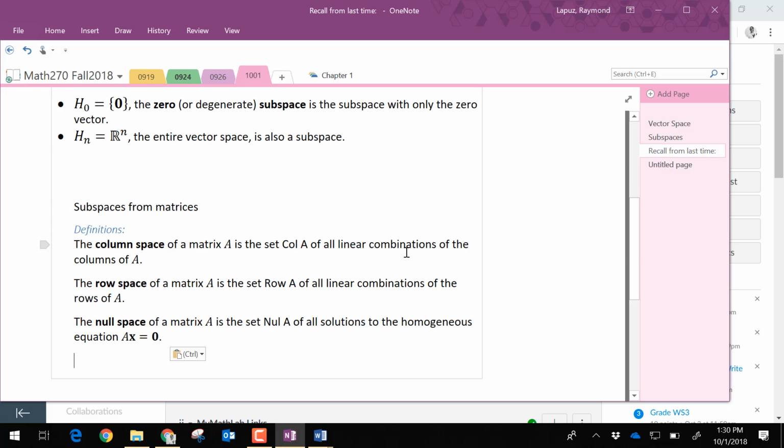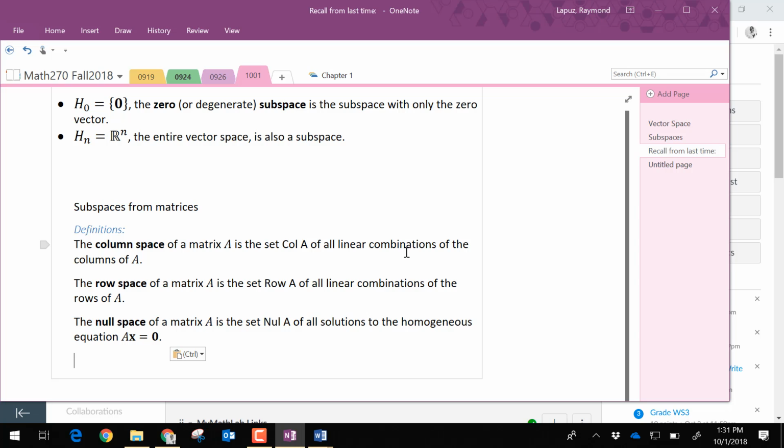Now, if we have a matrix, we have columns and rows and some other stuff. The rows and the columns will end up creating subspaces for us. And there's one extra subspace: if we look at the matrix as a representation of a homogeneous system set equal to 0, we can define another subspace there.